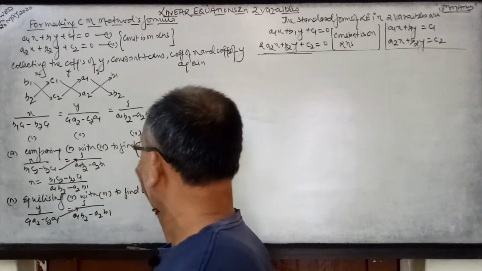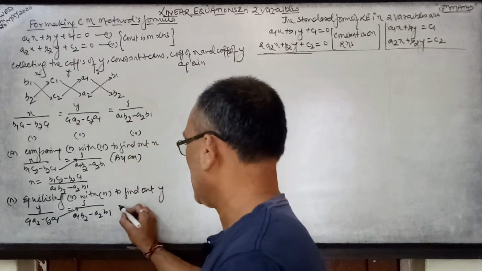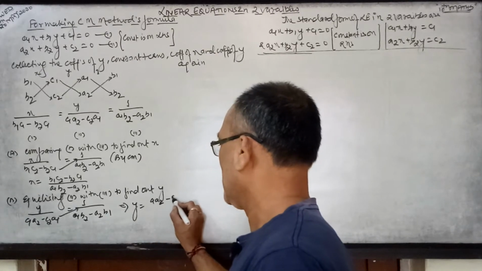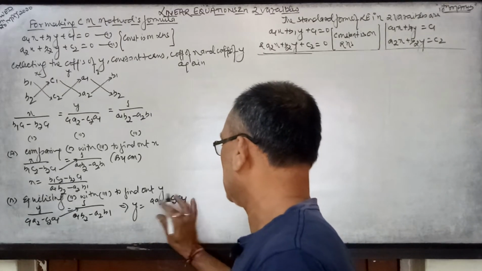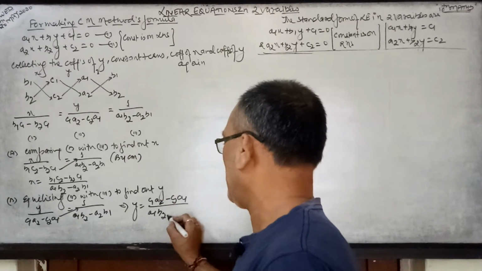It will go by cross multiplication. So now we have the value y is equal to c1 a2 minus c2 a1 over a1 b2 minus a2 b1.